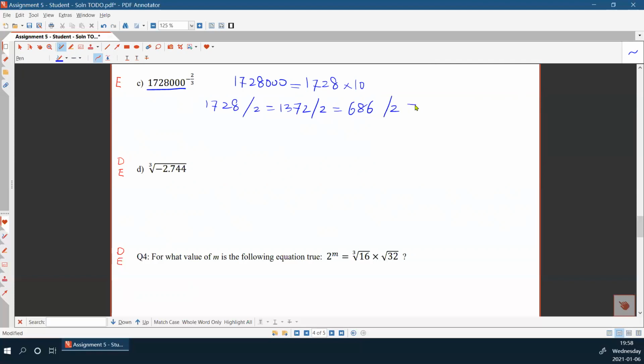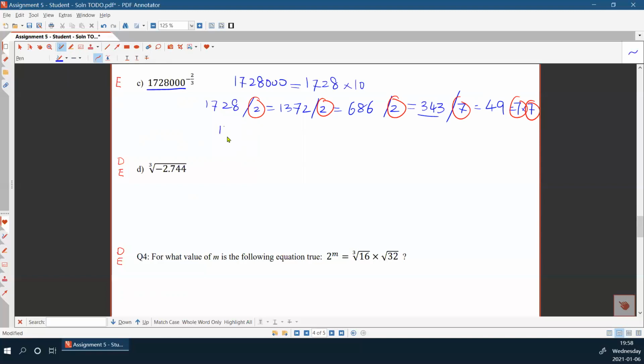Next, try it with a 2, which gives us 343. 343 cannot be divided by 2 or 3 or 5, so we try it using a 7, which gives us 49. And 49 is actually 7 by 7, right? So here, we factored this number into 2 to the third power and 7 to the third power, right?